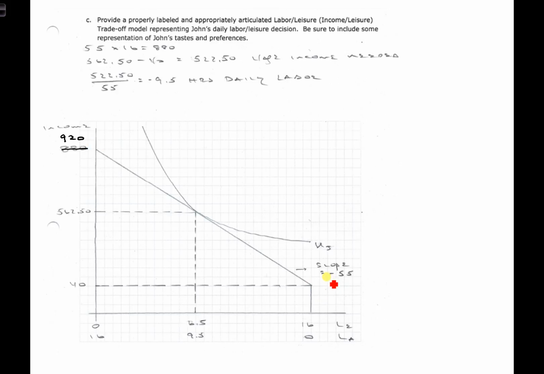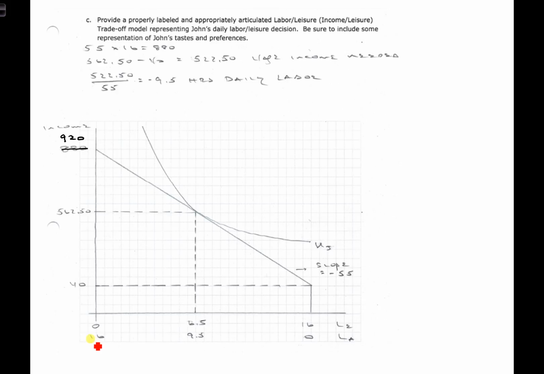That curve will have a slope of negative 55. And that's going to represent to us, at the y-axis intercept, the number of dollars that could be earned from labor in these 16 hours. So 16 times 55, which is going to be 880, plus the original 40, so $920 is what we should have here at the y-axis intercept.